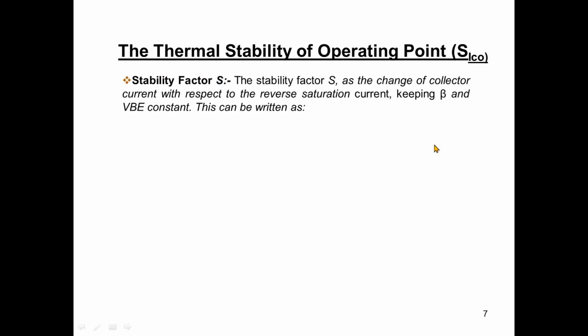So what is thermal stability and what is meant by stability factor? The stability factor is the change of the collector current with respect to the reverse saturation current, keeping the values of beta and VBE constant.